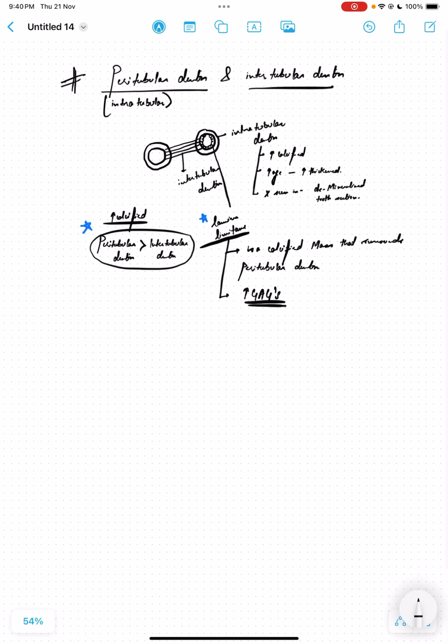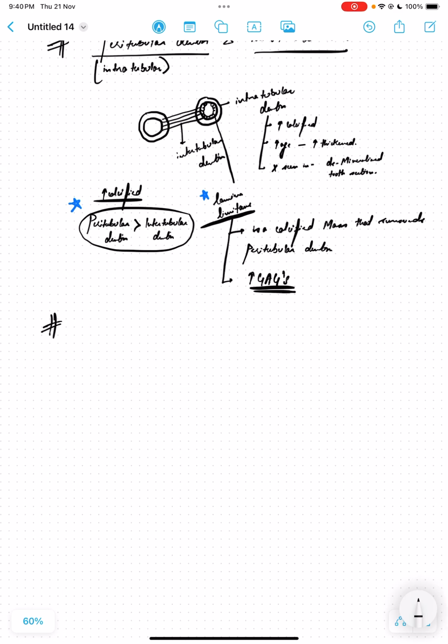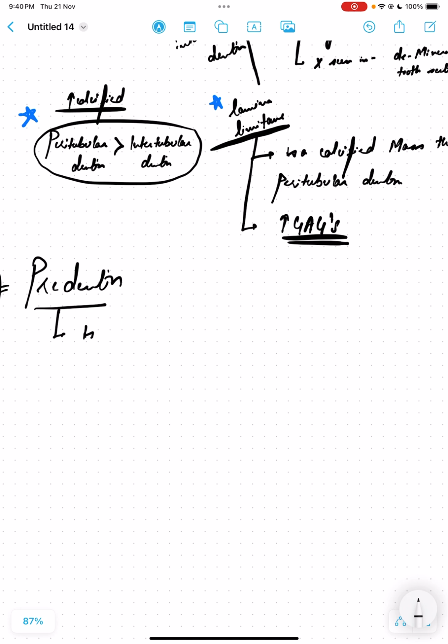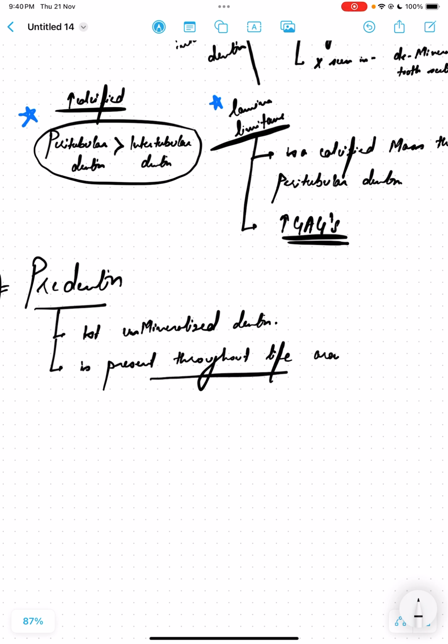Next we are going to study what is predentin. Predentin is basically the first unmineralized dentin, and this predentin is present throughout life around the pulp.